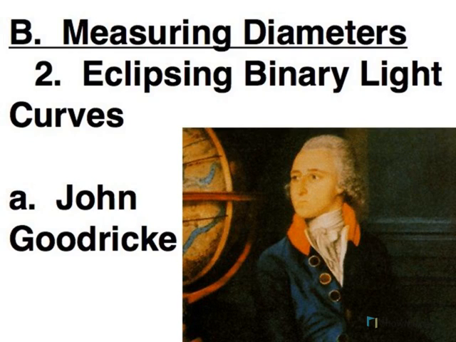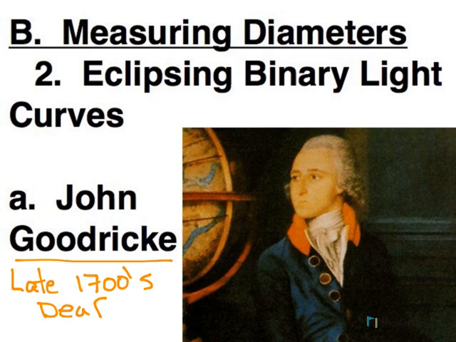The person who figured out how to use light curves to get diameters is this guy, John Goodricke. He lived in the late 1700s. And he's interesting because he was deaf and yet was a professional astronomer.